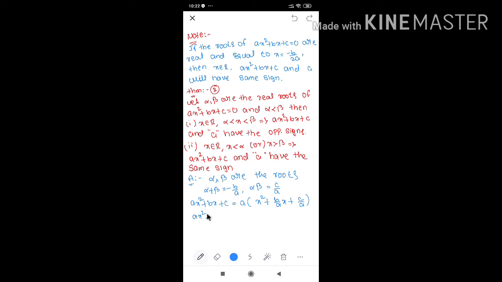So ax square plus bx plus c by a is equal to x square minus, I am writing like this to substitute those values, x square minus alpha plus beta value minus b by a, I am replacing this, plus alpha beta value c by a. If you multiply and take a common, you will get x minus alpha into x minus beta.